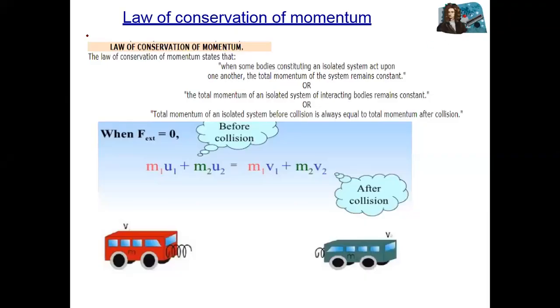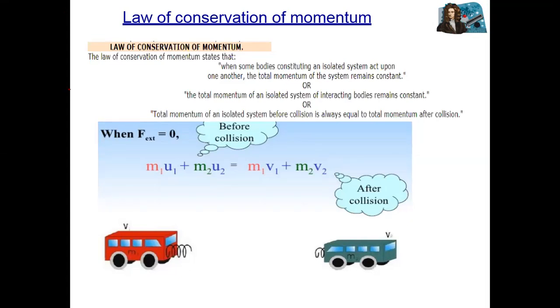Next, a very important concept is the law of conservation of momentum. According to this law, in a collision, the momentum of a system before collision and after collision remains the same, in the absence of external force.